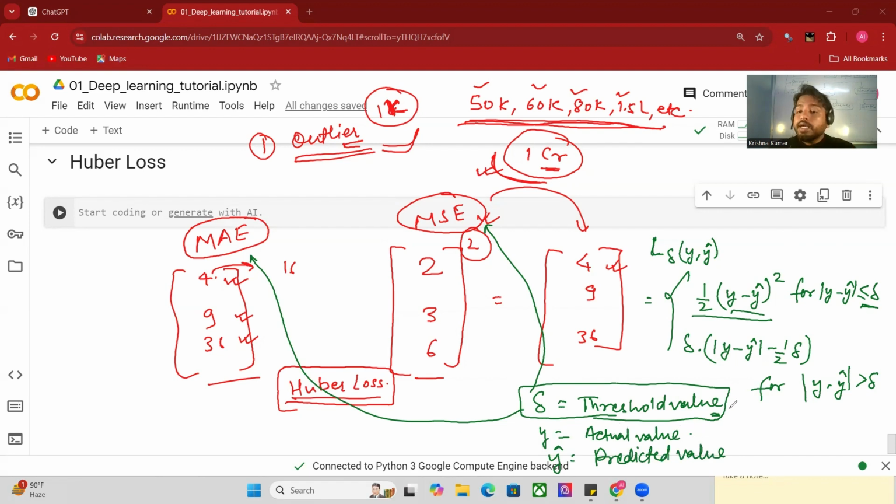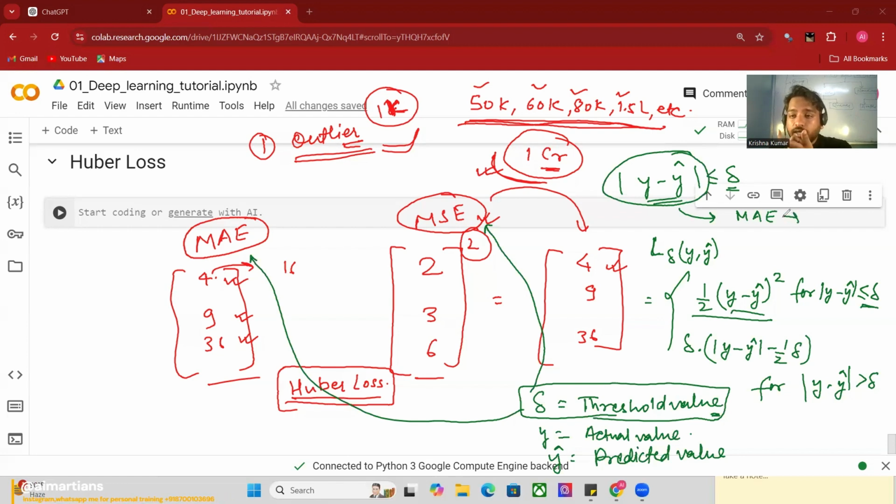So if I subtract actual value minus predicted value, and the absolute value is smaller than delta, that means it should be going under MAE, because the absolute loss, because we are using modulus, the residual of our data point is smaller than this threshold value. And this threshold value only decides if the residual value should be smaller.